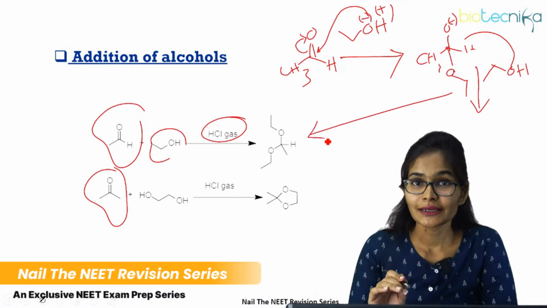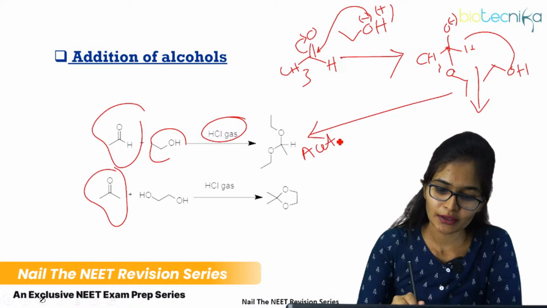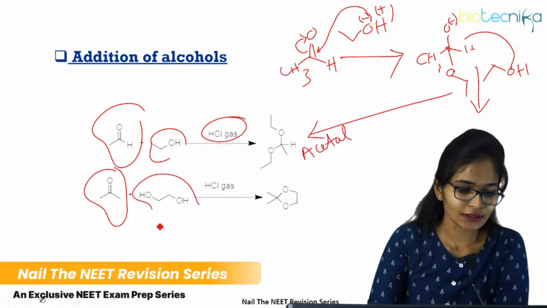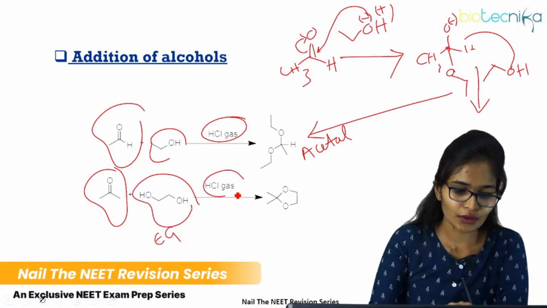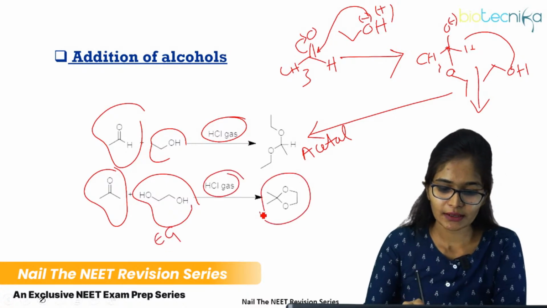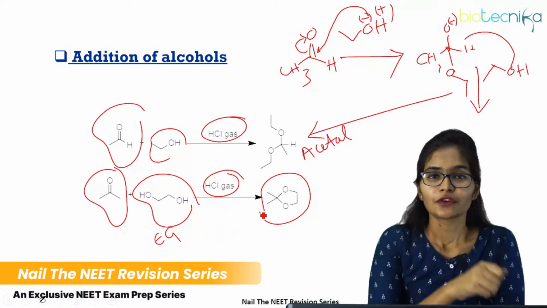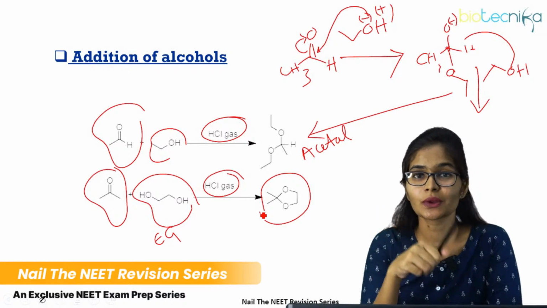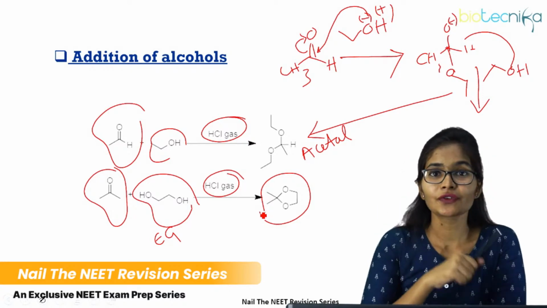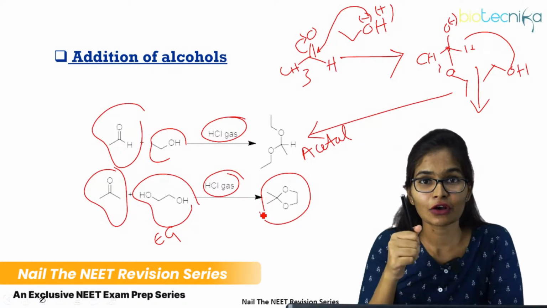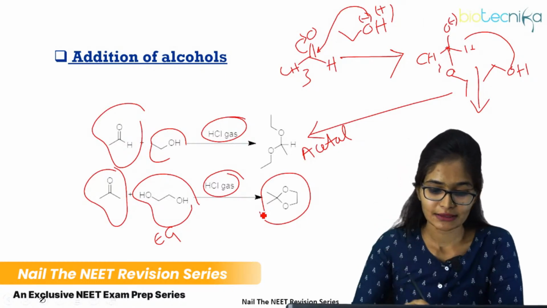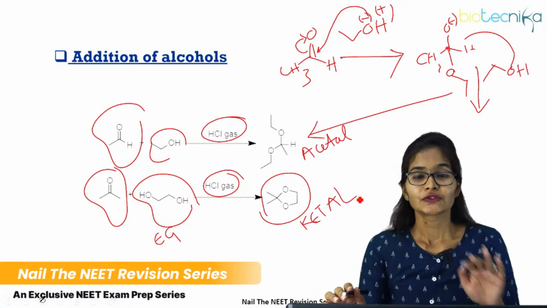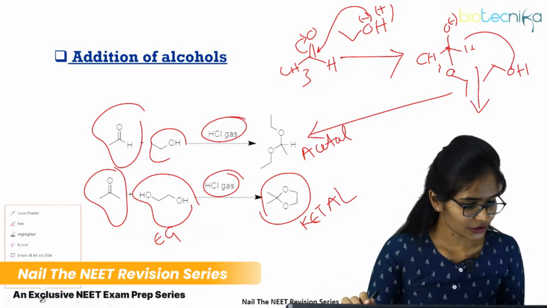Suppose you start with the aldehyde and treat it with alcohol in the presence of HCl gas, you will get acetal as the product. If you start with a ketone and treat with ethylene glycol in the presence of HCl gas, you will get the ethylene glycol ketal as the product. So this is another nucleophilic addition reaction.